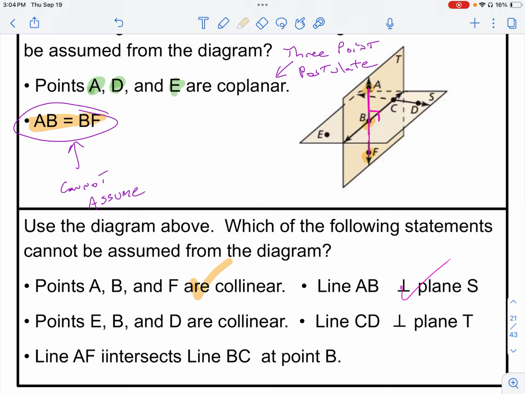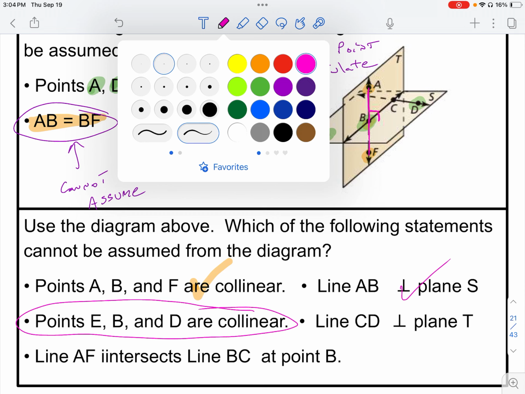Points E, B, and D. E, B, and D are collinear. No line connects them. We can't assume that a line would connect them. We don't have that information, so we cannot assume it. So let's do line CD.